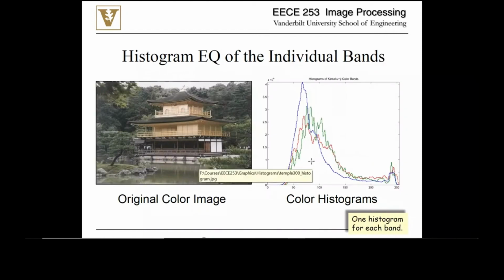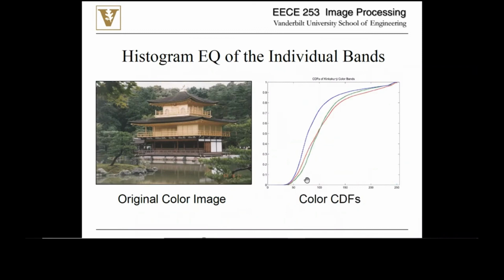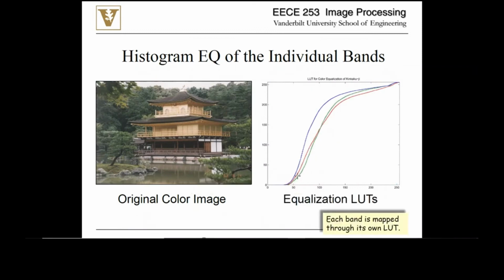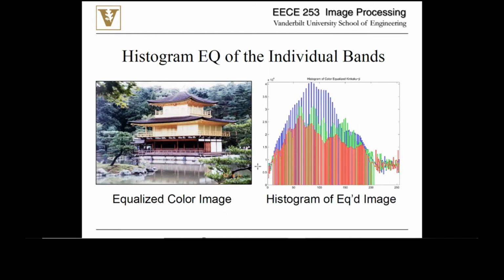Okay, so let's see this histogram equalization, but now applied to the different color bands. So we have this image, now we have the color histograms, a histogram for each one of the channels, and then the cumulative distribution function for each one of the channels. We convert them into lookup tables by multiplying by 255, and then we can apply them to the original image.